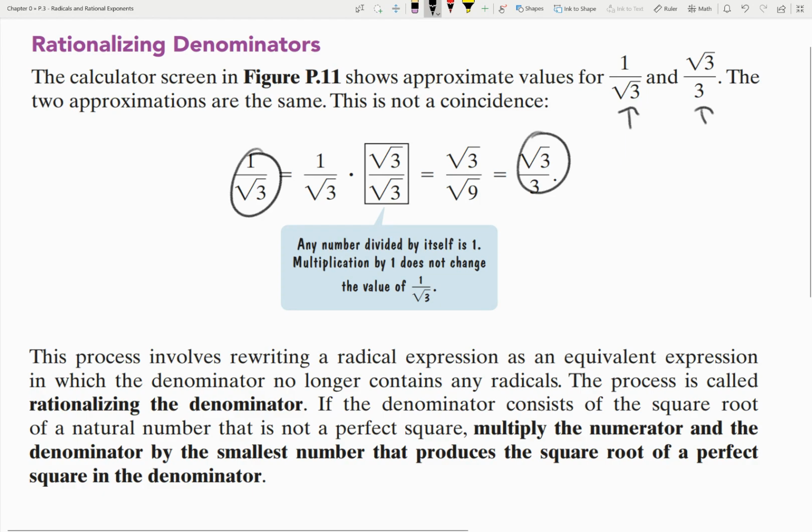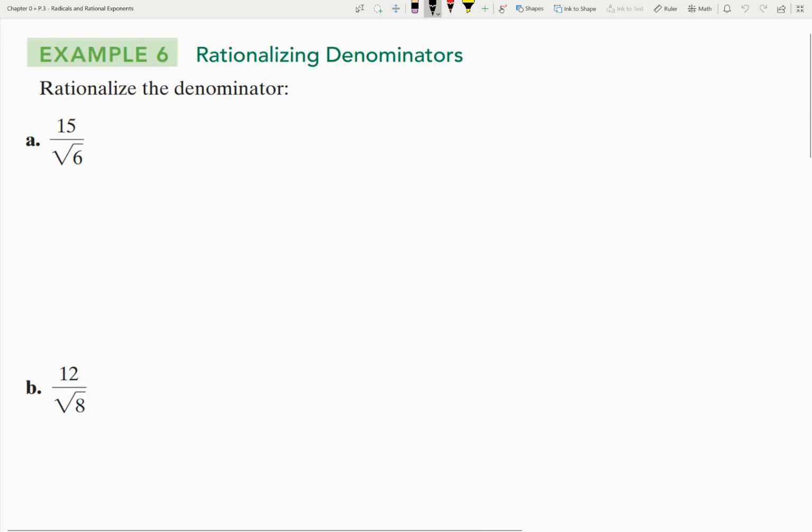And if the denominator consists of the square root of a natural number that's not a perfect square, the easiest way to rationalize it is to just multiply the numerator and the denominator by the smallest number that produces a perfect square. So I have a square root of 6 in the bottom.